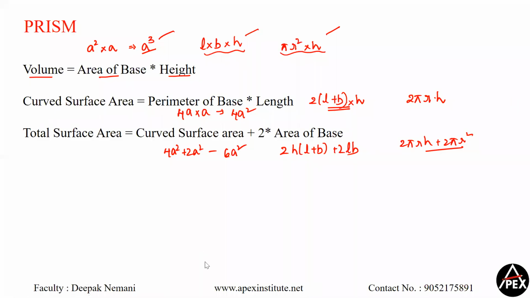For example, if you forget any of these formulas, then you can identify that cube or cuboid or a cylinder is a prism and you can find the volume, curved surface, total surface by using these formulas. Volume is equal to area of base into height, curved surface area is perimeter of base into length, total surface area is curved surface area plus 2 times area of base.